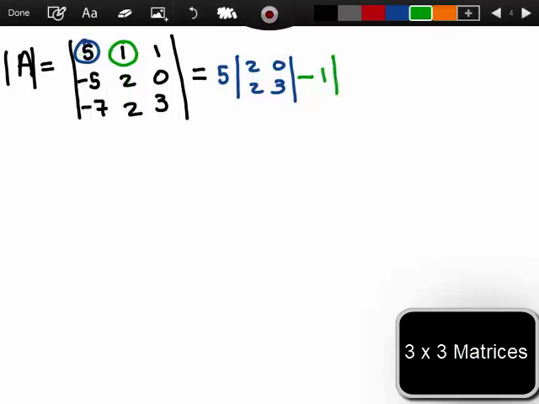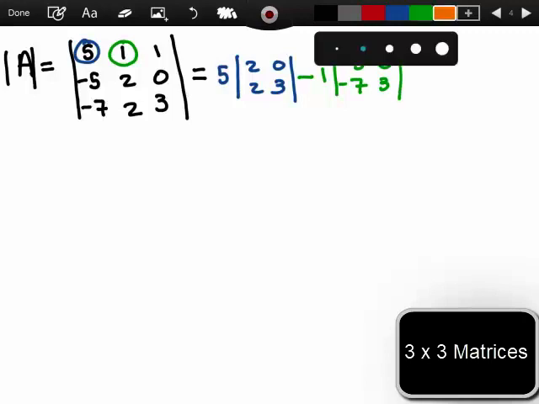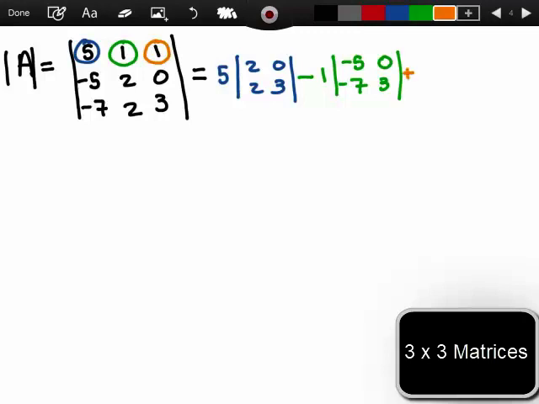So it's going to be 1 times -5, 0, -7, 3. And then last, we're going to look at this one here. So it's going to be a plus, because we just did a minus. Cross out the row, cross out the column, and what's left behind is -5, 2, -7, 2.